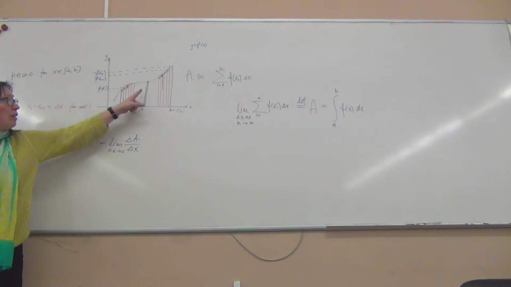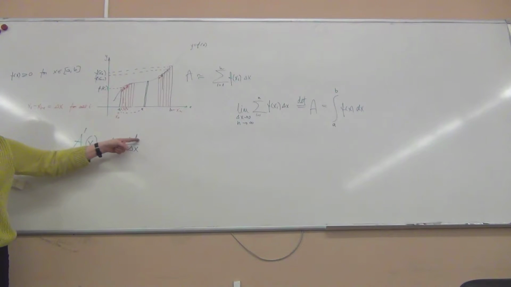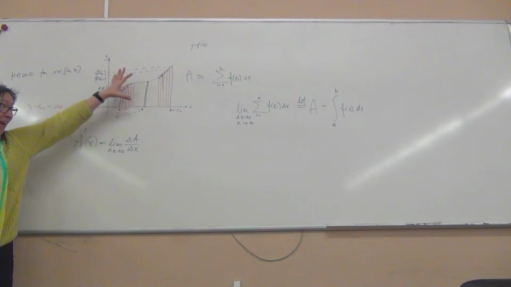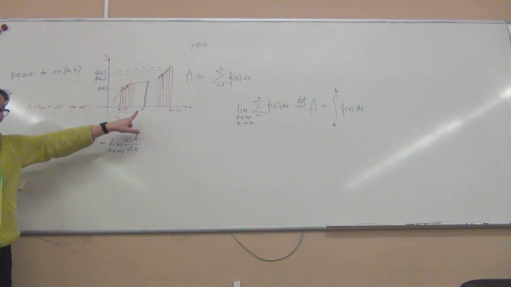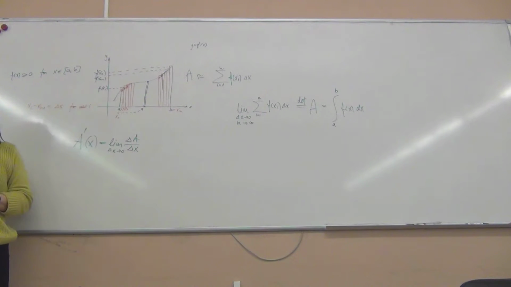Because the area of this rectangle, which is delta A, is the area of the rectangle basically. The width of that rectangle is delta x. If I divide the area of that rectangle by delta x, by the width, I get the height, the function value.